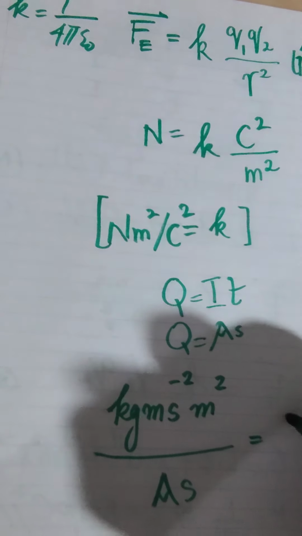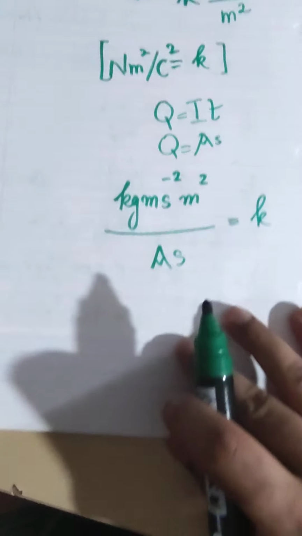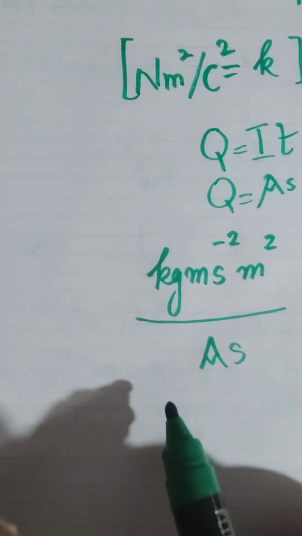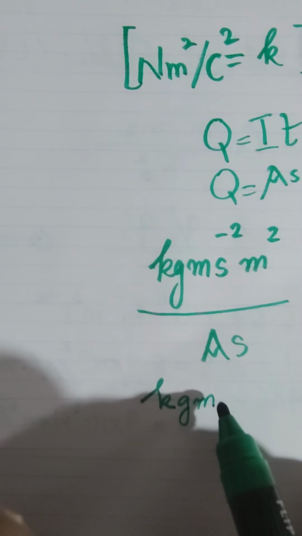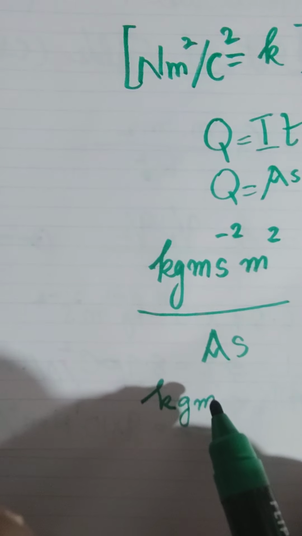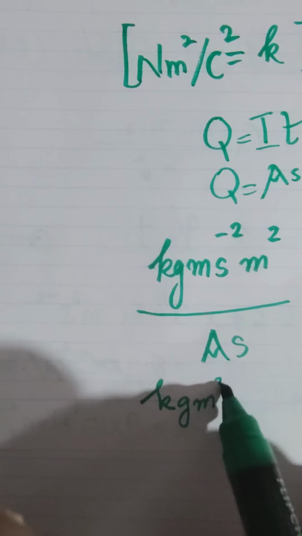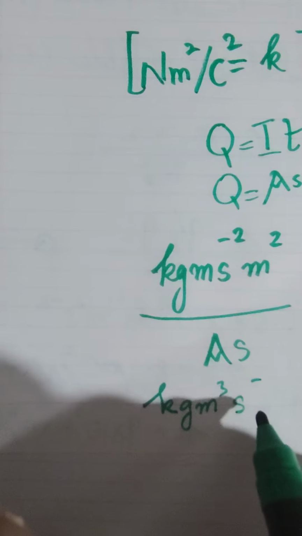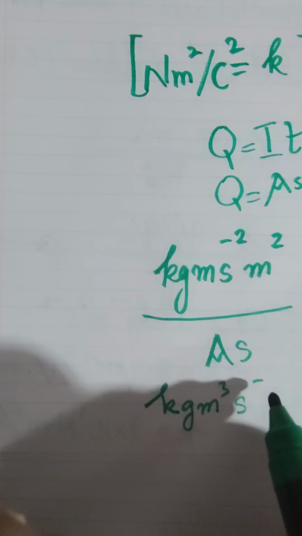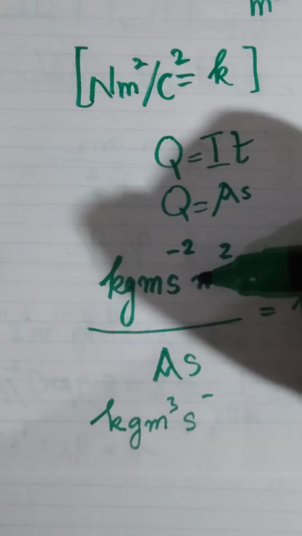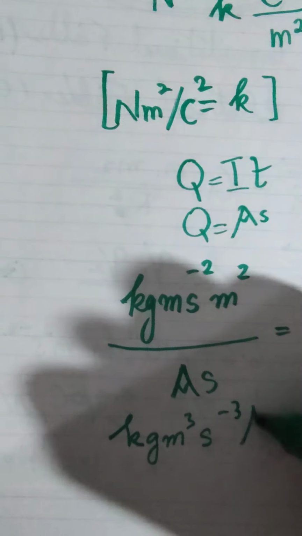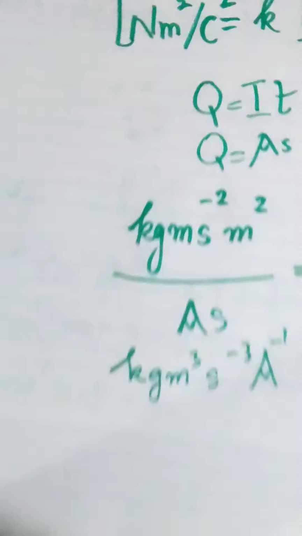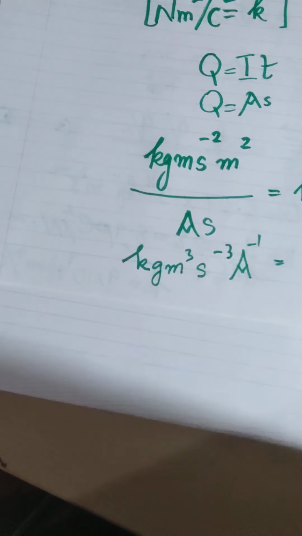So it's per amps, and they call it farad per meter as well. So these are the units of the constant.